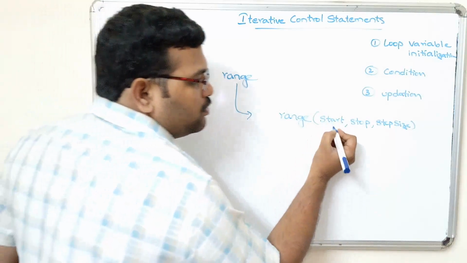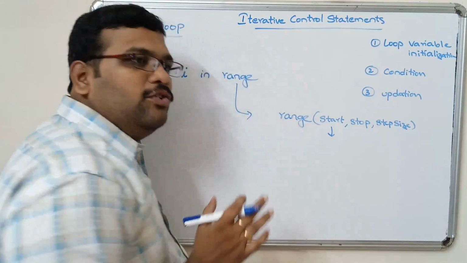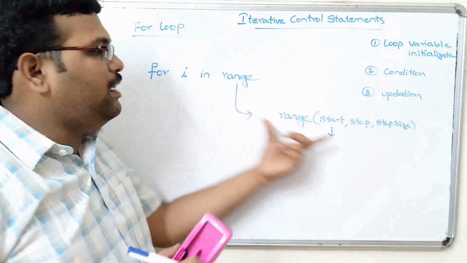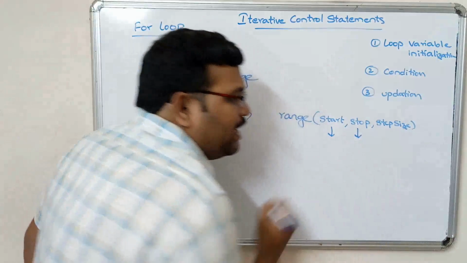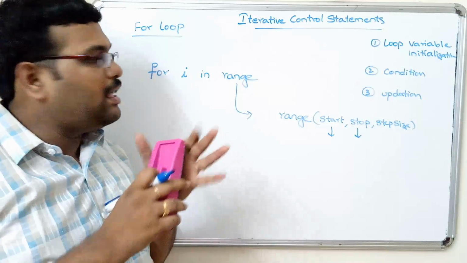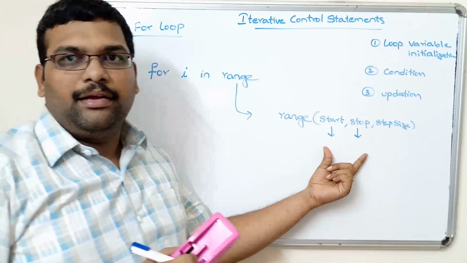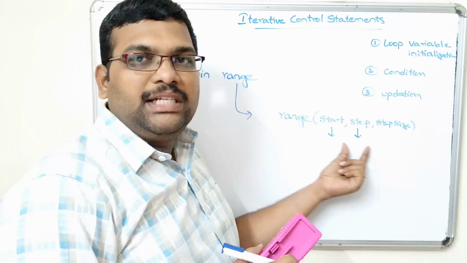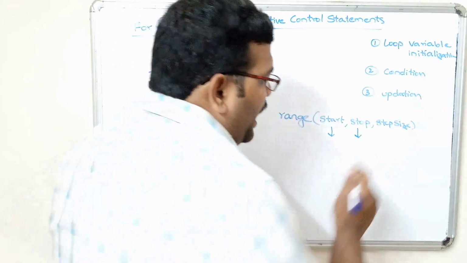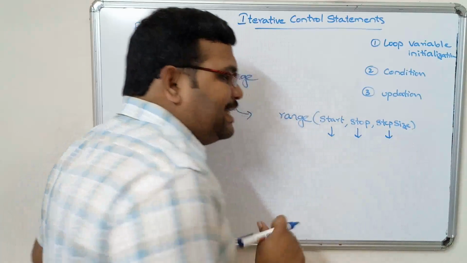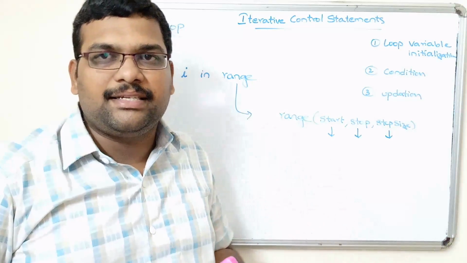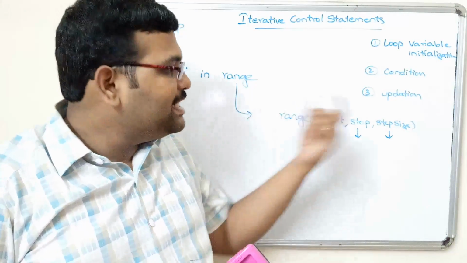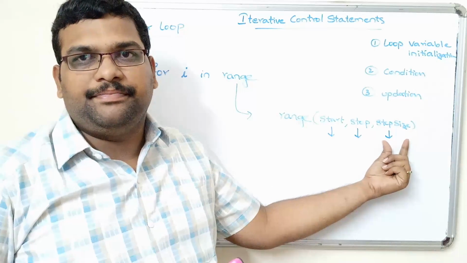Here we have to give the start value from where I will be included. Next, we have to give the stop value where I should end. This is the end value. And this step size is the difference between the first iteration element and the next iteration element. So this is nothing but our updation, right?